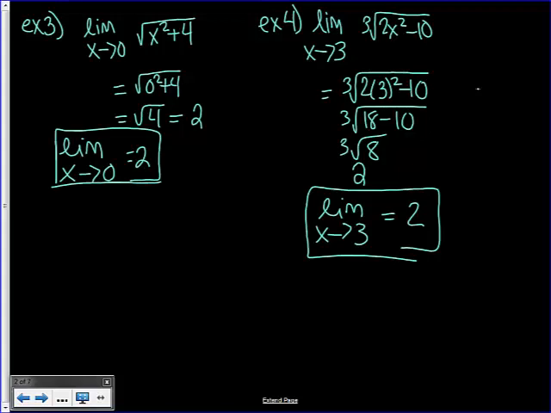Now moving on. I could also do this with some trig problems, okay? Remember I told you a unit circle was very important? This is about to show you why. Okay, so the limit, let's call this example 5. The limit as x approaches 0 of tan x. All right. Well, I can stick in 0.